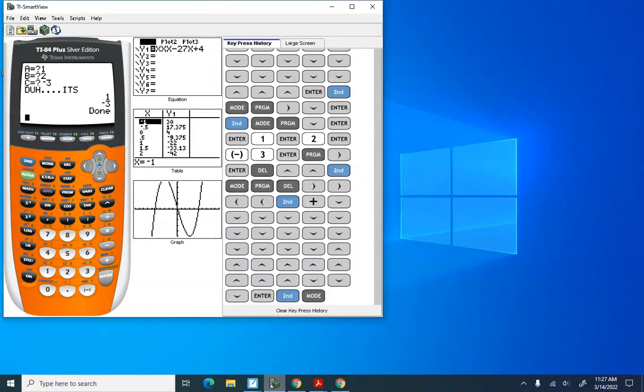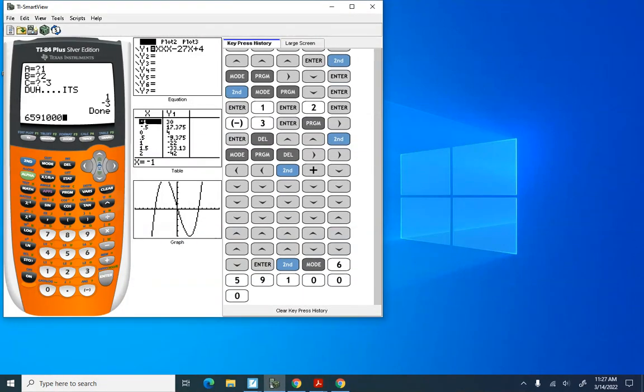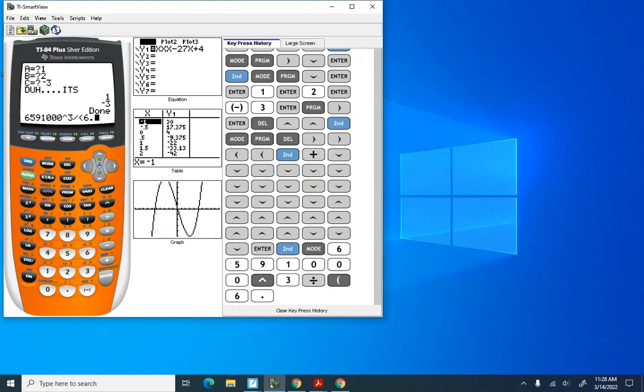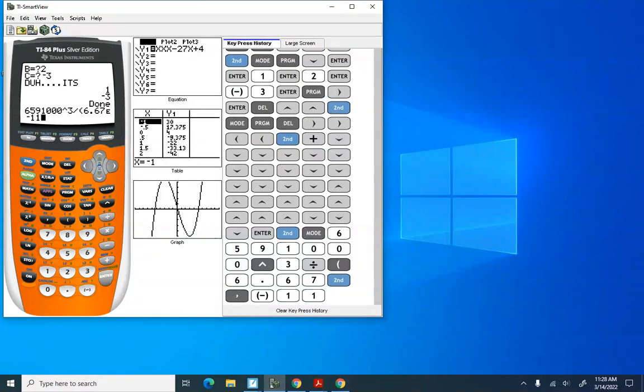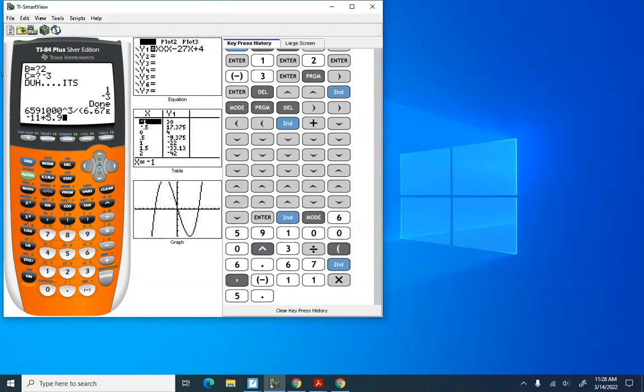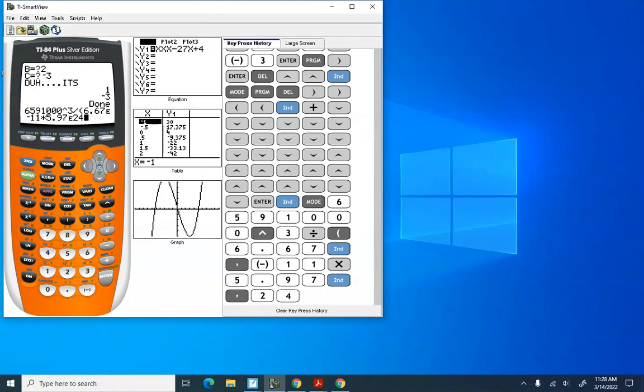All right, because you have the 6591000 cubed divided by, you have to quantify your 6.67 e to negative 11 times 5.97 e to the 24th, and we have to square root that.